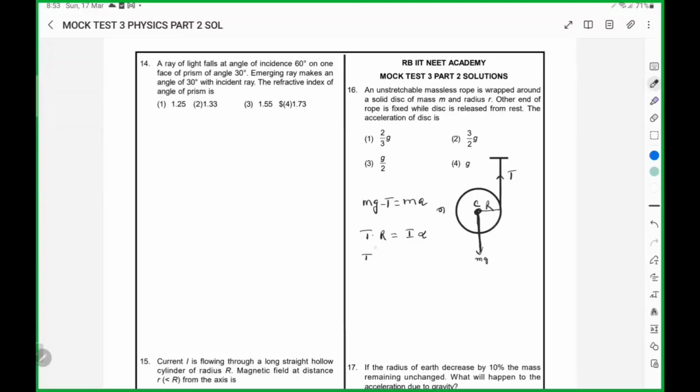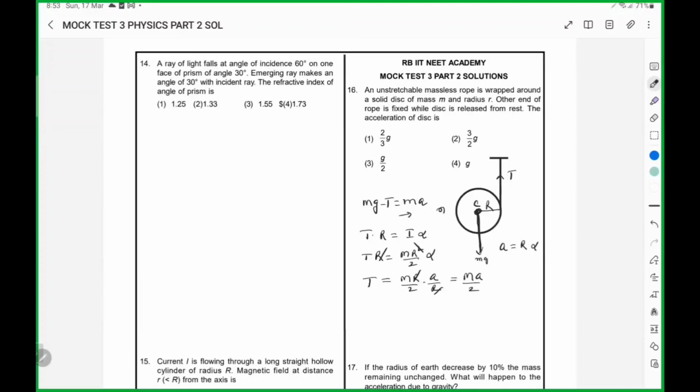Here T is tension, I is the moment of inertia of the disc. For rolling without slipping, a is R alpha, and I is MR squared by 2, alpha is a by R, so tension is equal to Ma by 2.